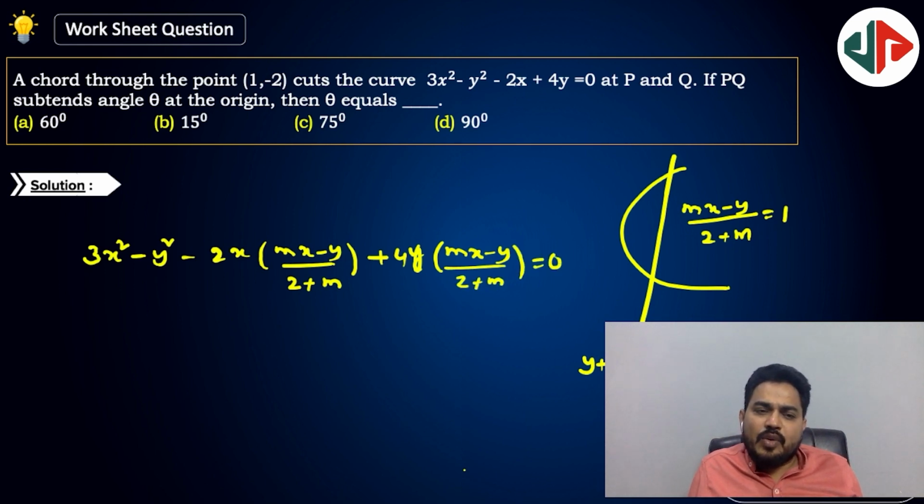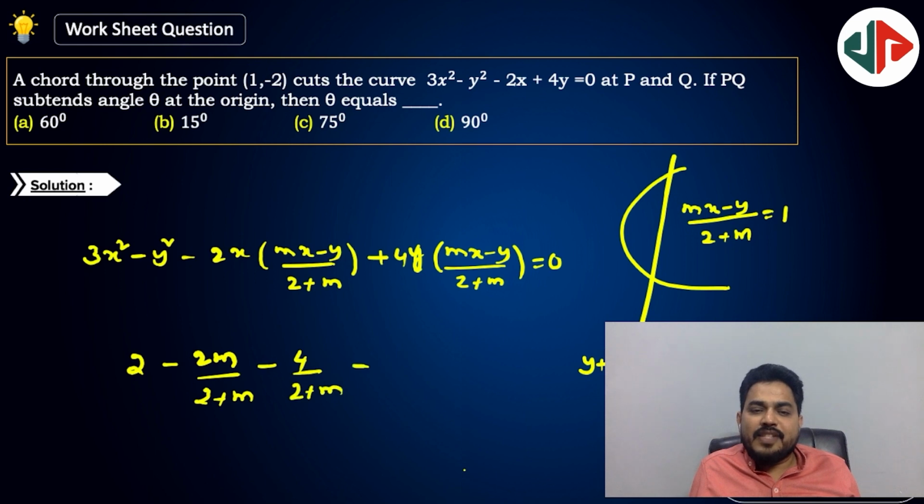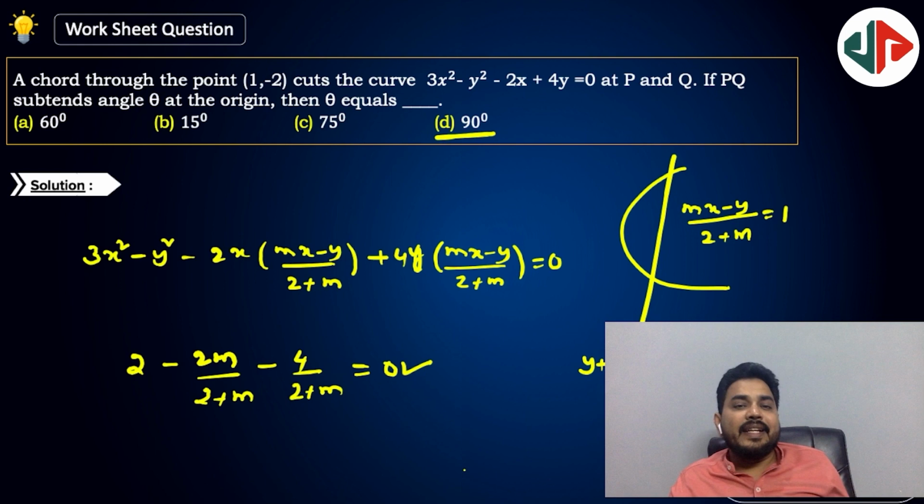X square coefficient plus y square coefficient: 3 minus 1, 2 minus 2m by (2 plus m), and y square coefficient minus 4 by (2 plus m), which is equal to 0 for all m values. So the answer is going to be 90 degrees.